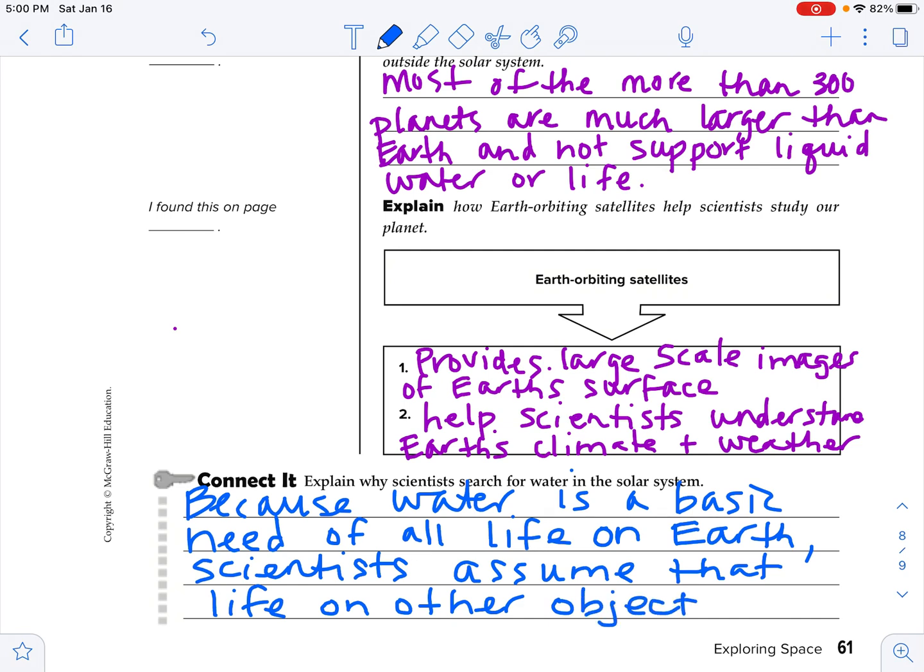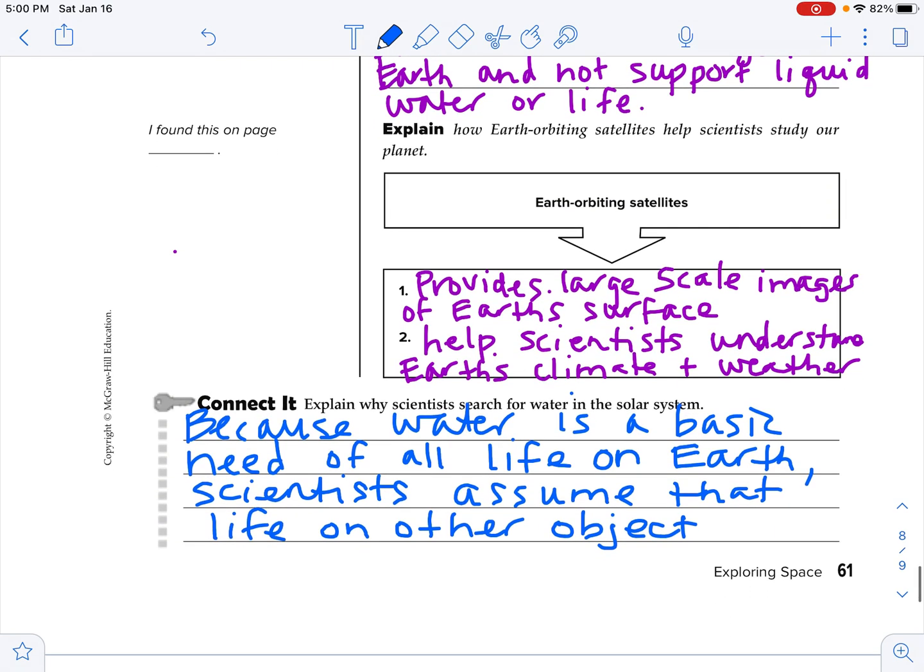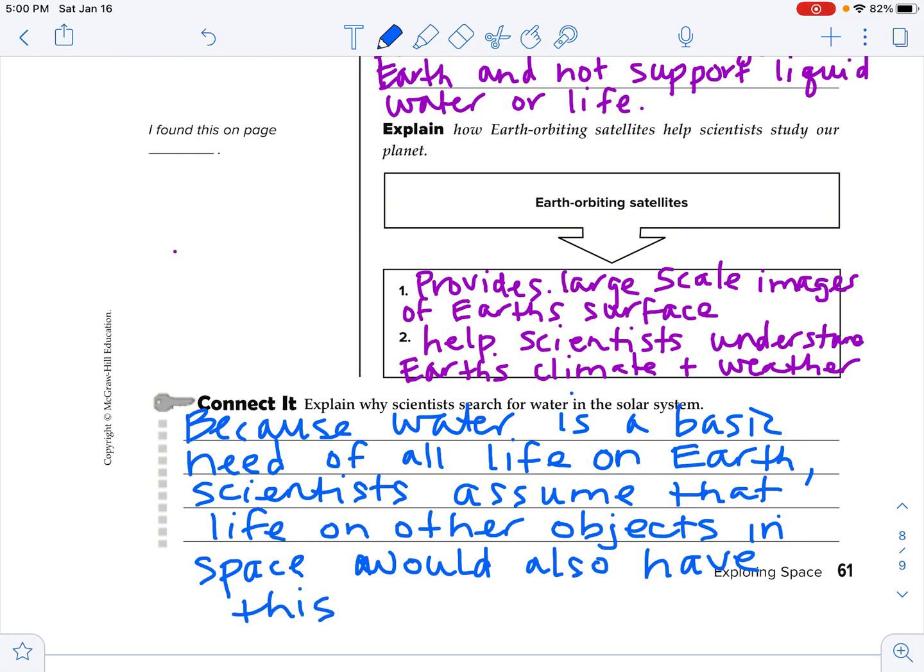Now you notice we didn't say planets because we could also be looking at moons, so any other objects in space would also have this need.